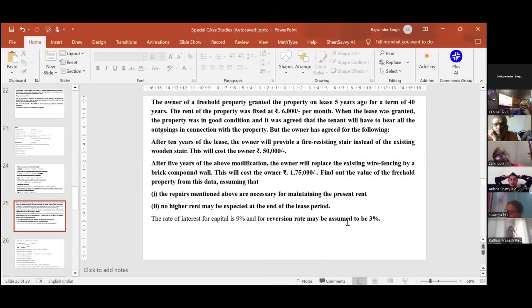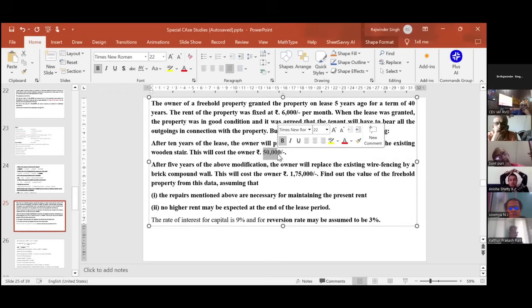Please read the question carefully. So first we will find the capitalized value of the property. Then out of that we will deduct the present cost of repairs. So the present cost of this 50,000: how will you calculate it?